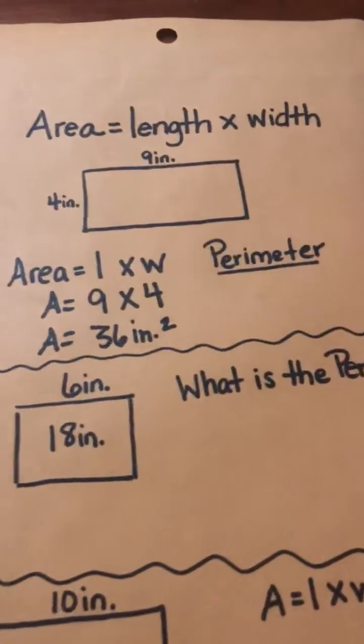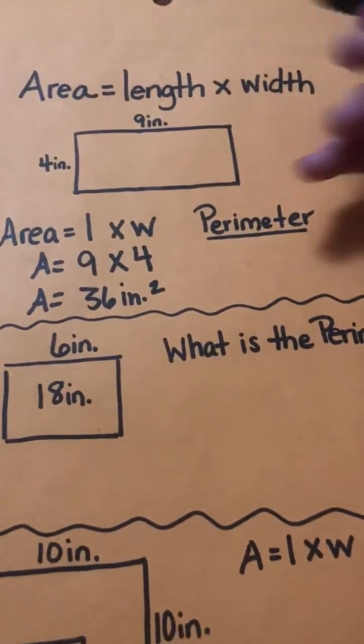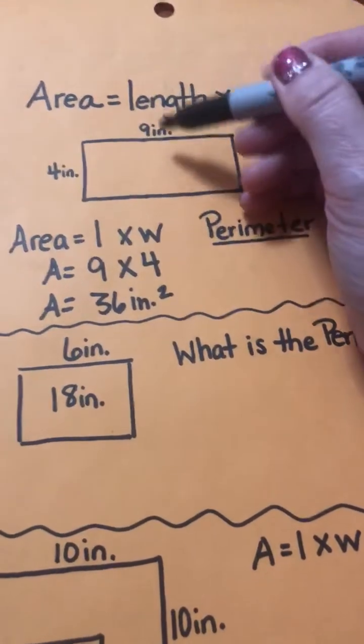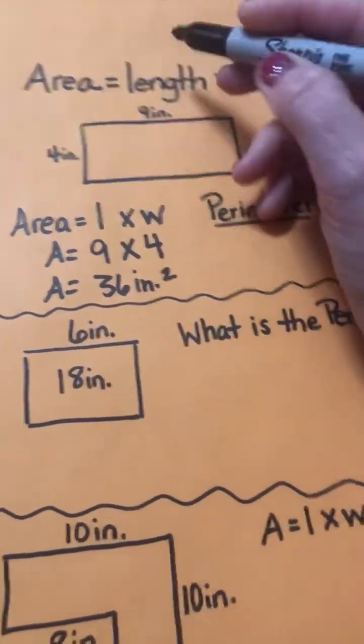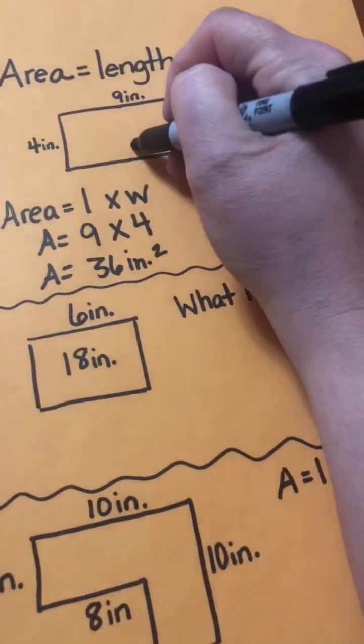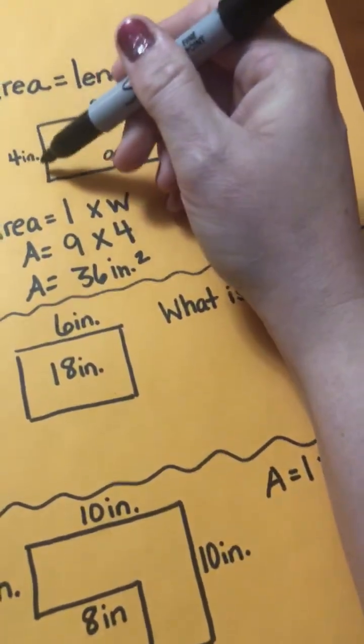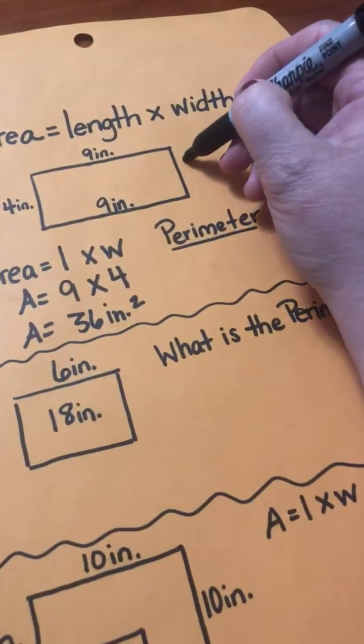So the perimeter is determined by adding up all of the distance around the outside. So this is a rectangle. Therefore, if this is 9 inches on this side, then this is 9 inches on this side as well. If this is 4 inches, then this side is also 4 inches.